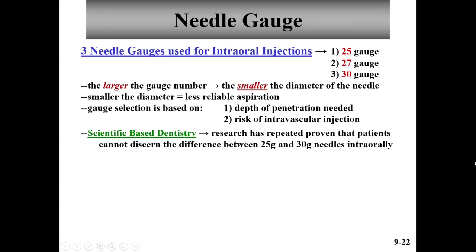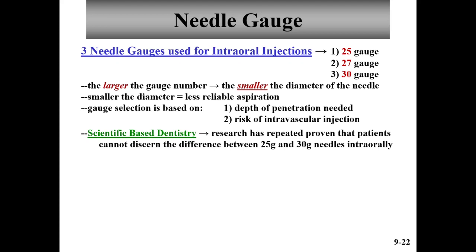There are 3 gauges that are used in dentistry for intraoral injections: a 25 gauge, a 27 gauge, and a 30 gauge. Keeping in mind, the larger the number of the gauge, the smaller the diameter of the needle. So a 30 gauge needle is thinner and has a smaller diameter than a 25 gauge.